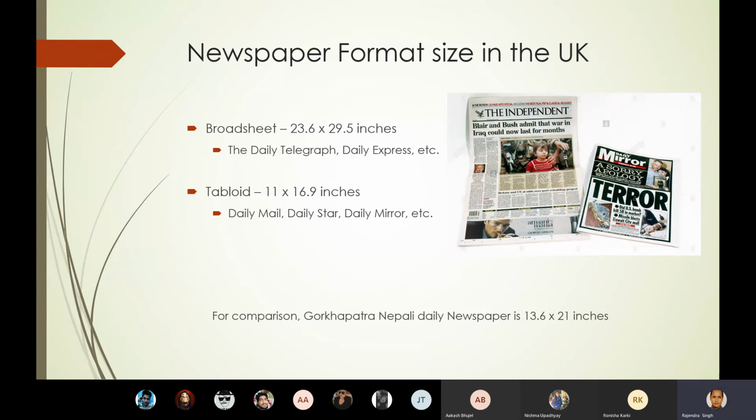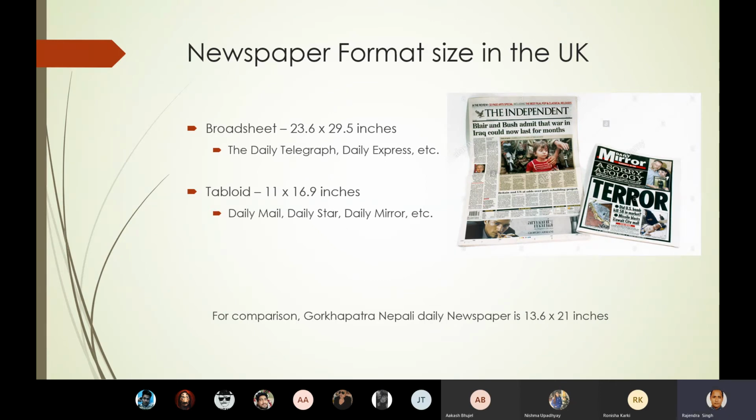Examples of broadsheet newspapers are Daily Telegraph, Daily Express, and of course the Independent that you can see on the slide. Another format of newspaper that you will be able to find in the UK would be tabloids. These are 11 inches by 16, almost 17 inches in dimension.